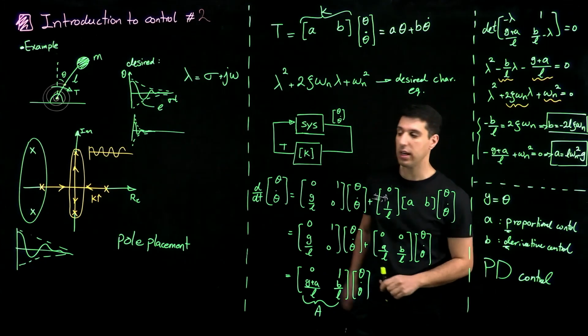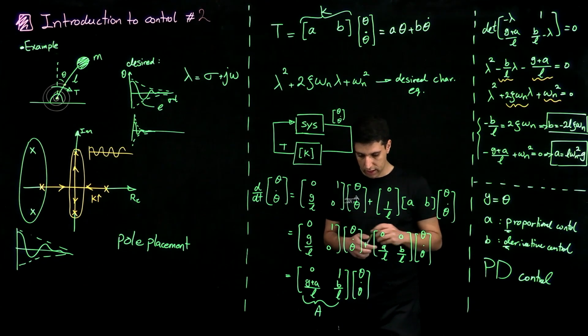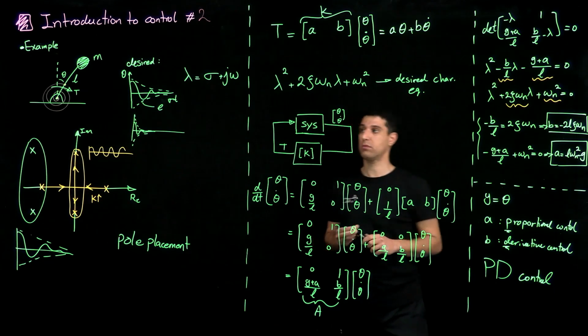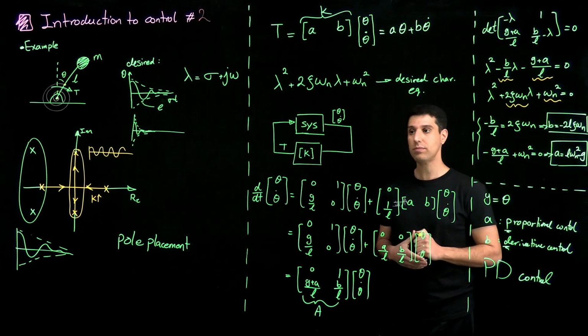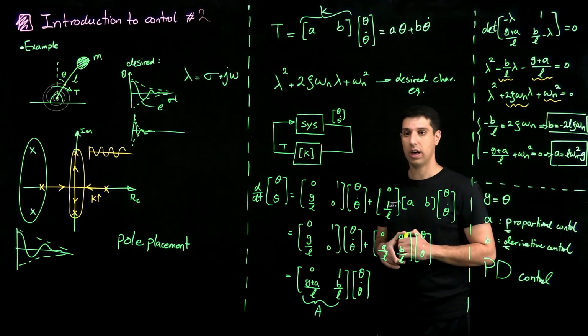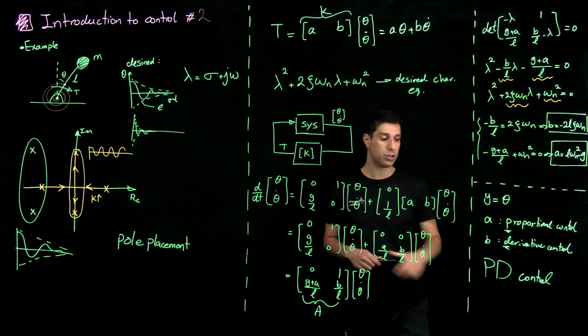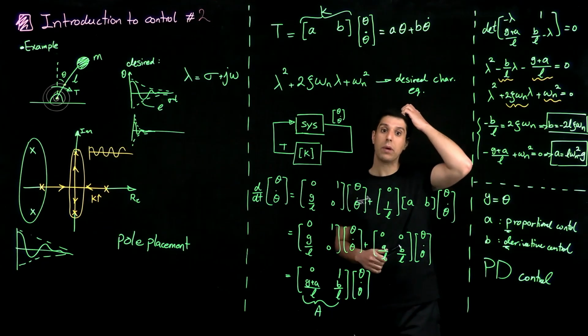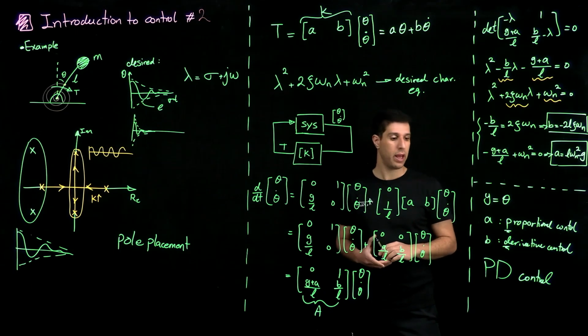So this PD is extremely powerful, and it can stabilize extremely unstable systems, including handling some level of nonlinearity, and it is so easy to implement using just basic electronics.